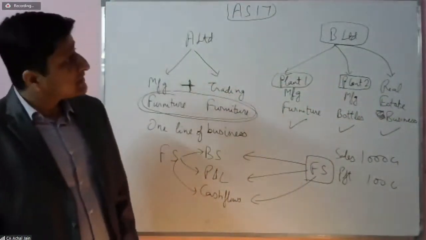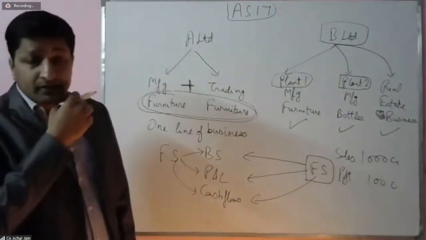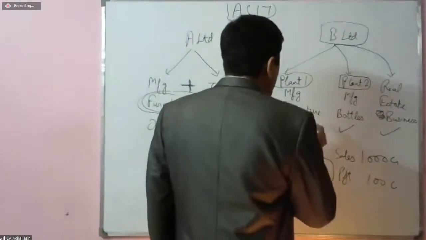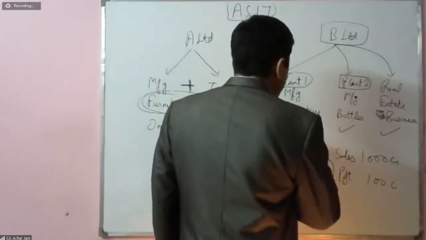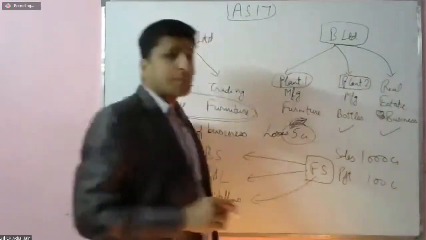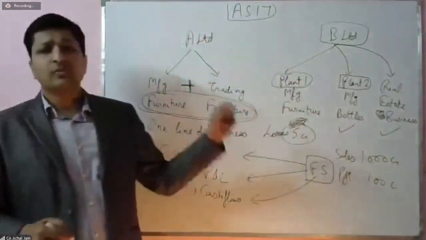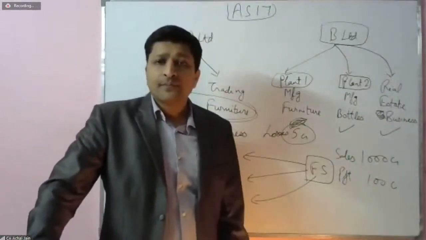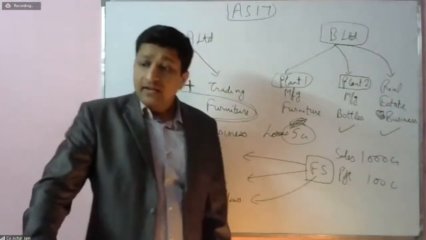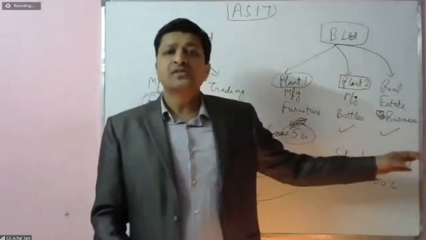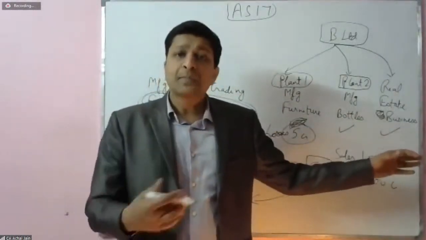But in this company, it may happen that this particular business line is making losses. Let's suppose this business line is showing losses. And despite having losses on an overall basis, what do we see? Profits of 100 crore. Yeah. So that's why for the management, what is important is to look at the business performance separately.